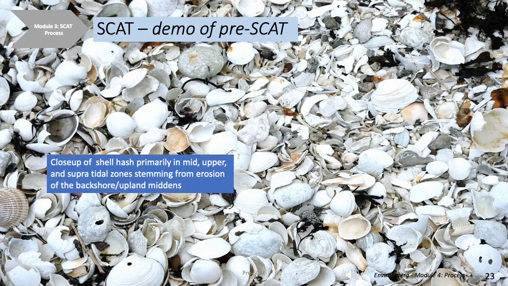This is a close-up image of shell hash, primarily in the mid and upper intertidal and supratidal zone. They are derived from the erosion of the backshore and upland middens. The naming and determining of these types of zones along a shoreline is part of intermediate and advanced SCAT training. Contamination of these shells with a heavy oil and deep penetration would be very problematic in treating.